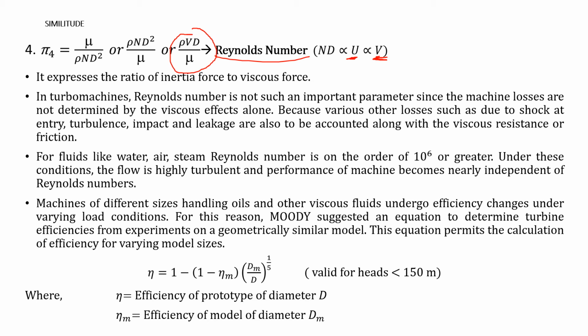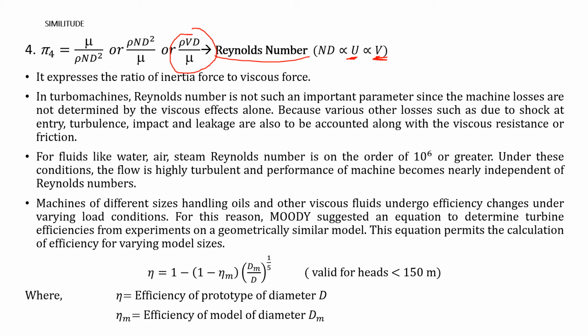One more reason is that most turbo machines handle fluids like water, air and steam, wherein the Reynolds number is of the order of 10 raised to 6 or more. In such conditions the flow is highly turbulent and the performance of the machine becomes almost independent of the Reynolds number. For these two reasons, we don't consider the Reynolds number so important in analyzing turbo machines.